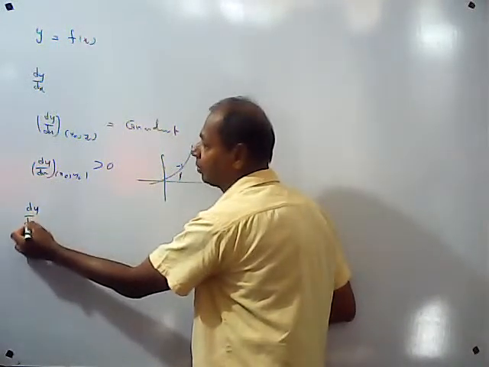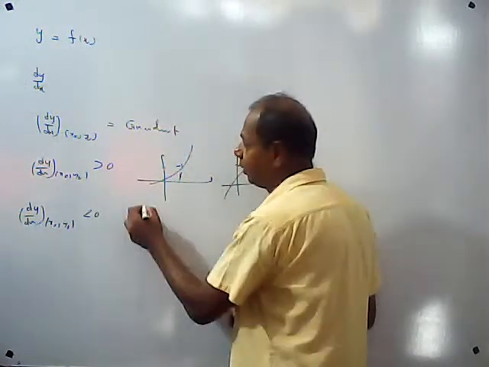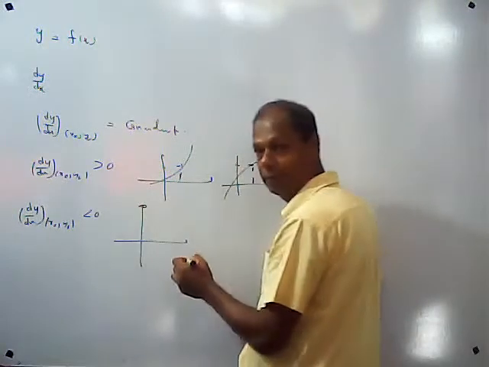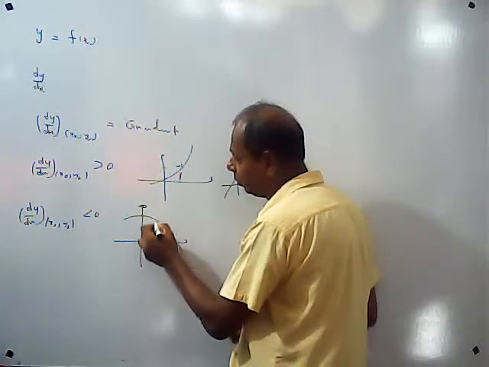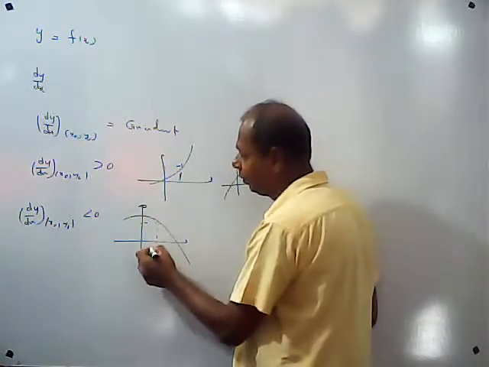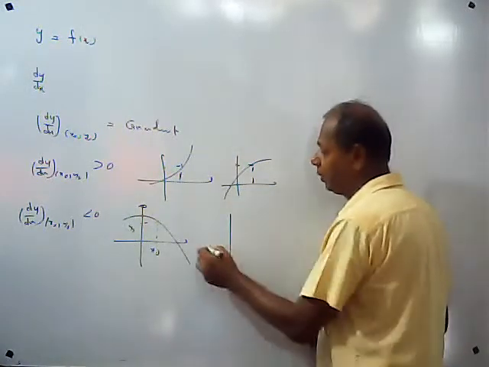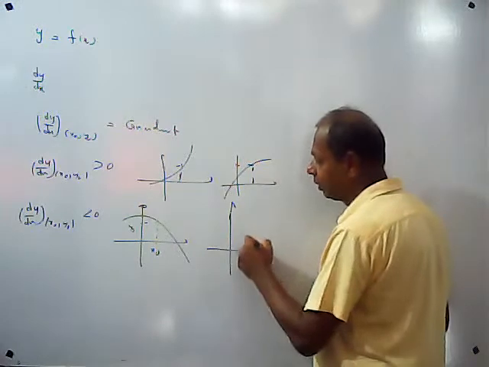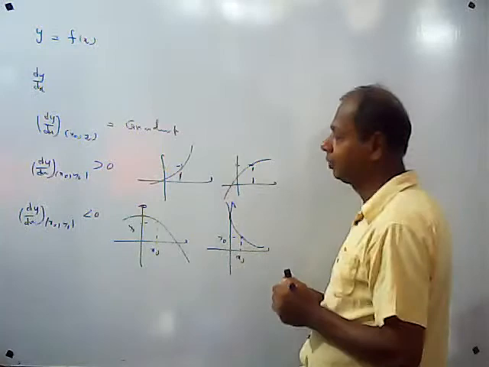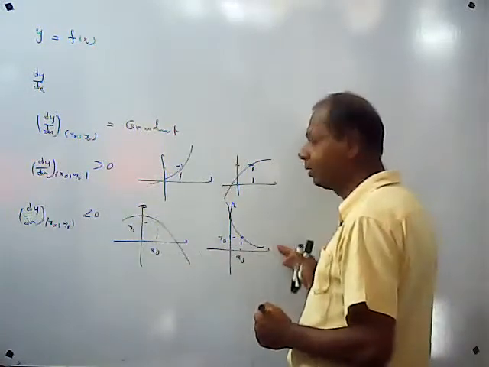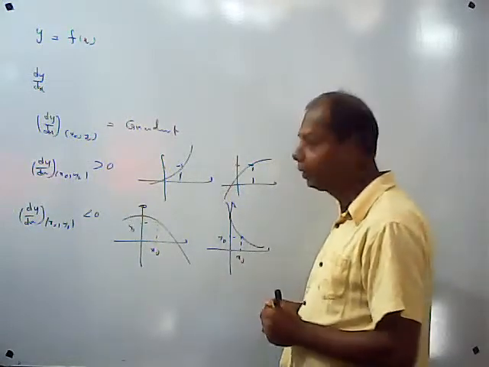If dy/dx at a particular point is less than 0, the curve passing the point can be decreasing, concave down, shaped like this, or it can be again decreasing but concave up. These are the possibilities. The curve is anyway decreasing. It can happen two ways, concave down or concave up, right?